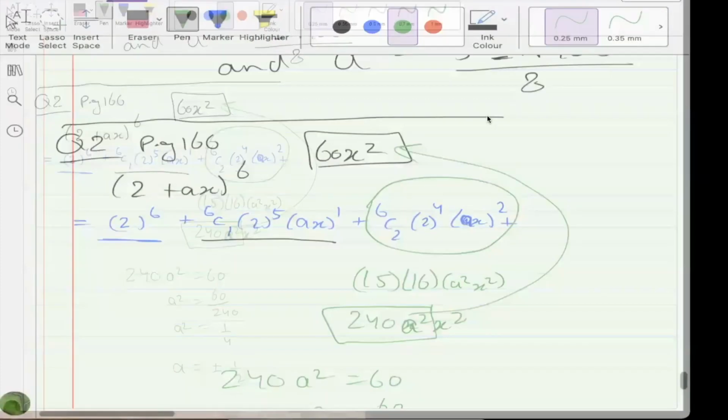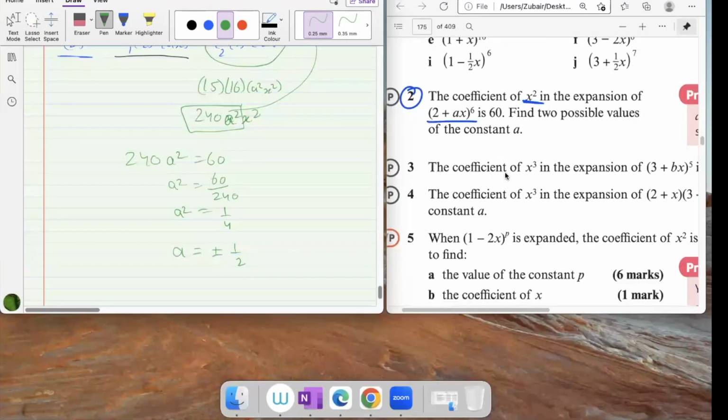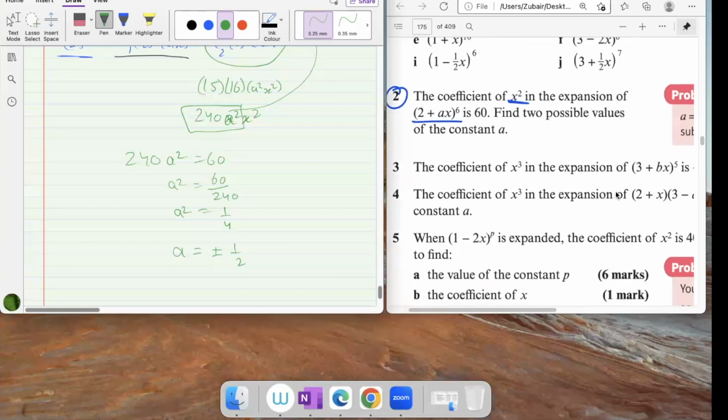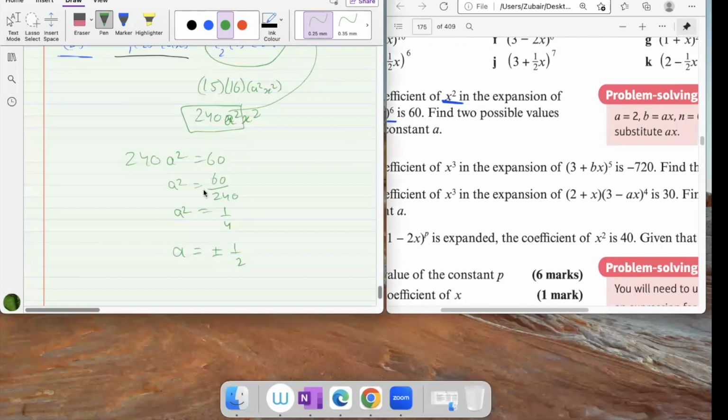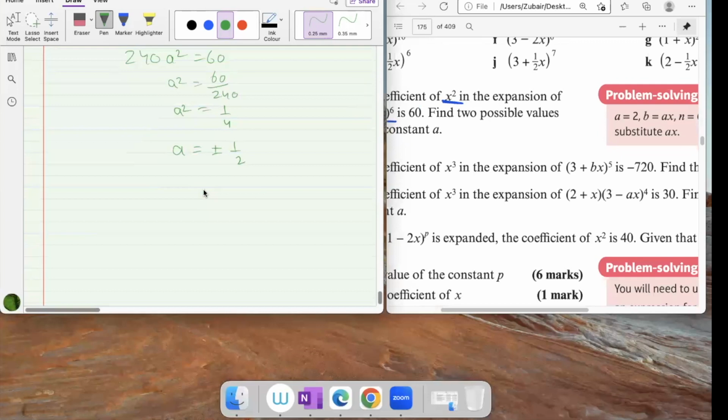Okay, sir. Let's have a look at question number 3. It says the coefficient of x cube in the expansion of 3 plus bx raised to the power 5 is minus 720.